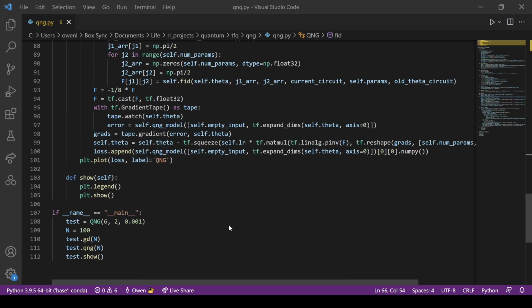Before I show these results, it's worth noting that this implementation scales very poorly, where you could trivially go many qubits and many depths with adjoint gradient descent. This gets pretty slow pretty quickly, even approaching just 10 qubits and a few depth, because this scales with the square of the parameters.